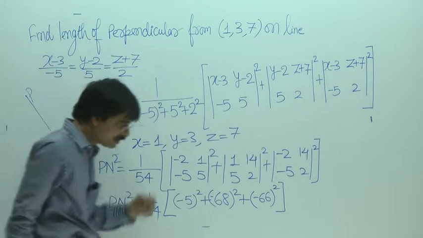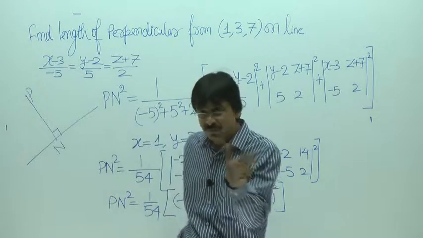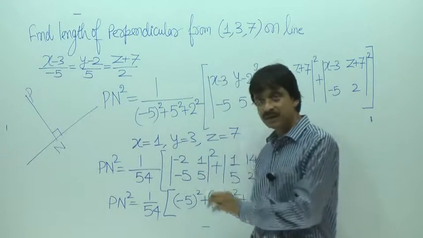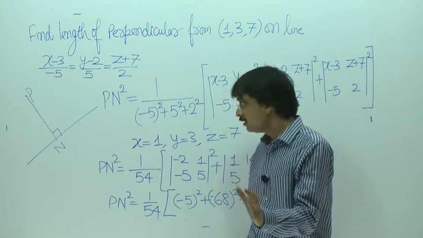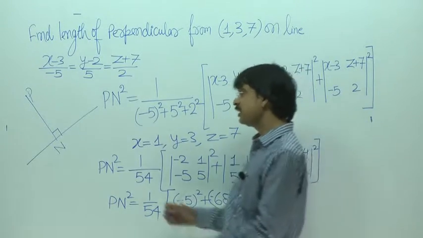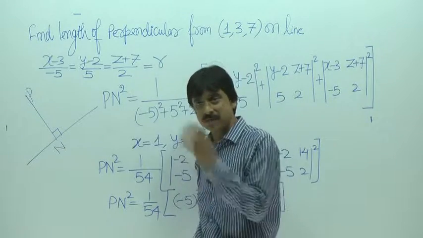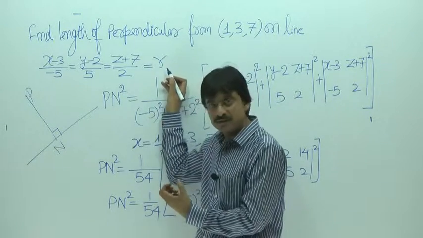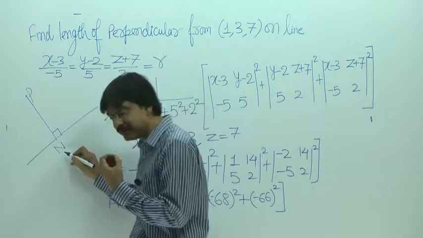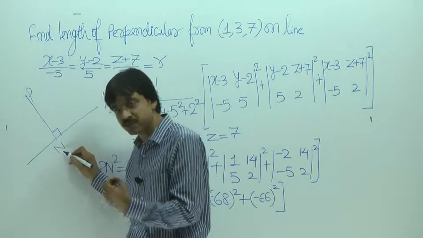But what is happening here is that without finding out the foot of perpendicular, we are able to calculate the length of perpendicular. That is an important point, because the usual approach is what? In the usual approach, you take the symmetric form of the straight line equal to r, and get a general point N in terms of r.